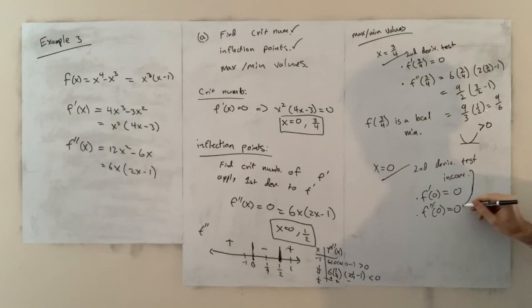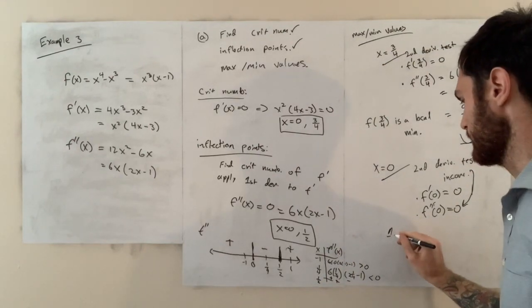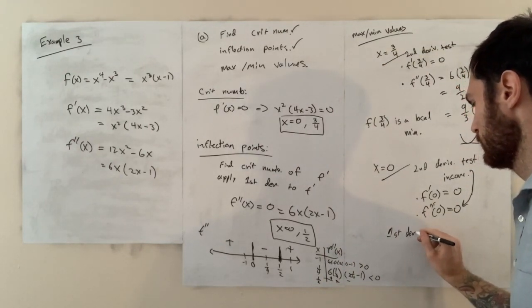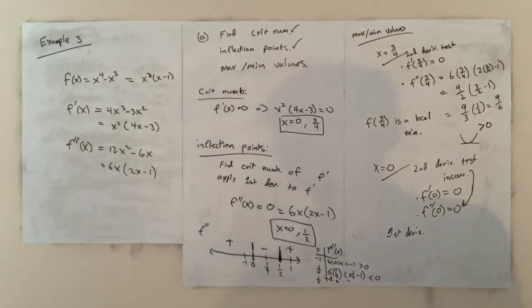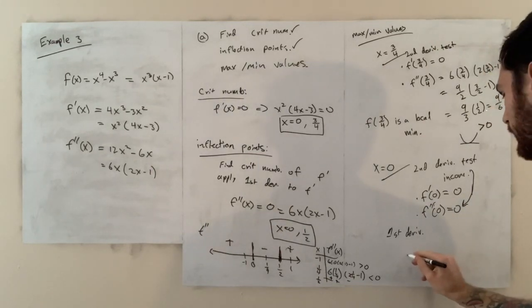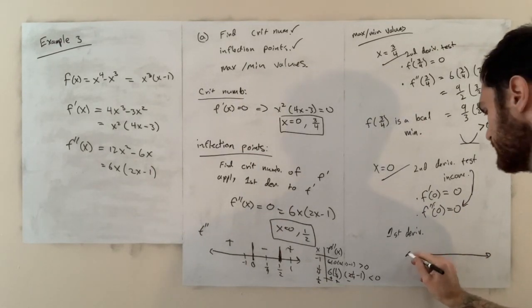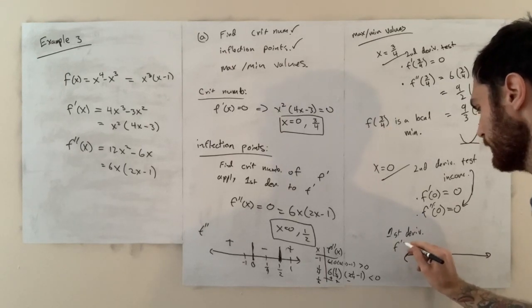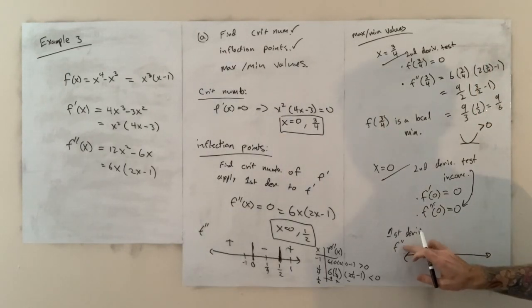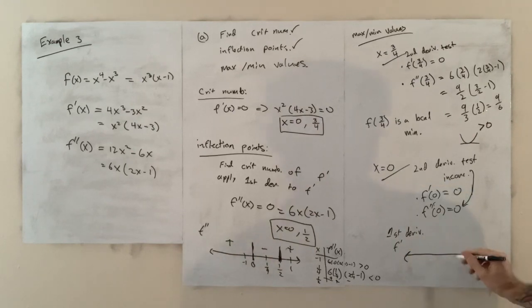So this is where it's inconclusive. So we have to use the first derivative test. And so what we want to check is how this first derivative changes from the point 0.